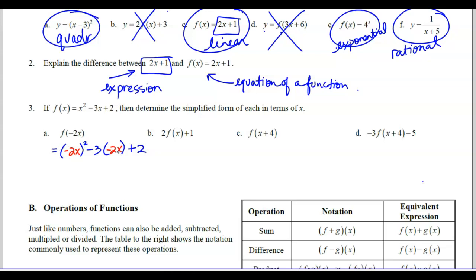Just make sure you're careful with the negative signs. Squaring a negative is a positive.